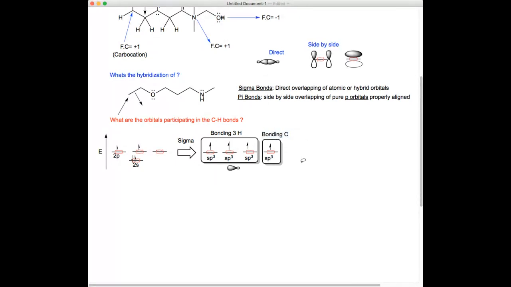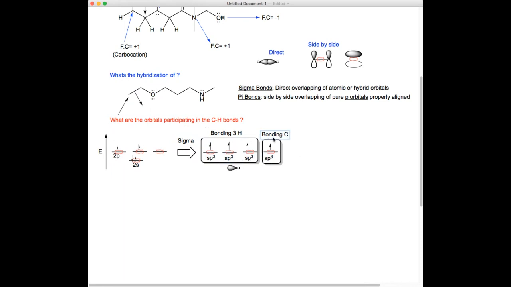Okay, so this carbon atom needs 4 orbitals because it has 4 bonds, one orbital per bond from each atom. So this carbon atom is using 4 orbitals for these 4 bonds, the 4 sp3. 3 sp3 will be used for 3 hydrogens, one hydrogen bonding through this orbital, one here, one here.